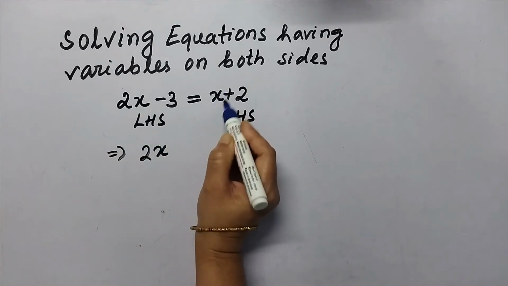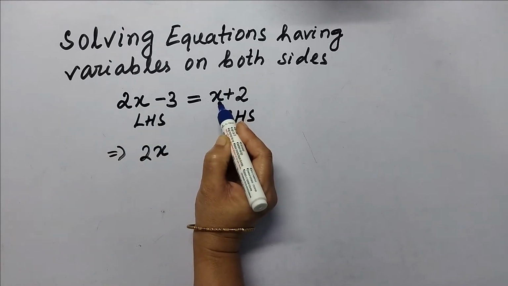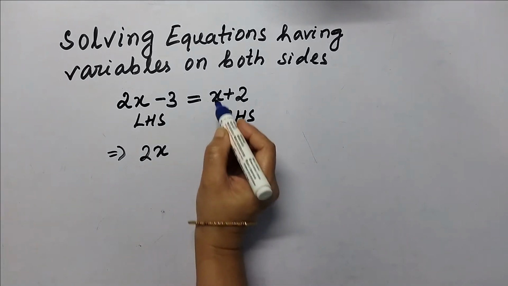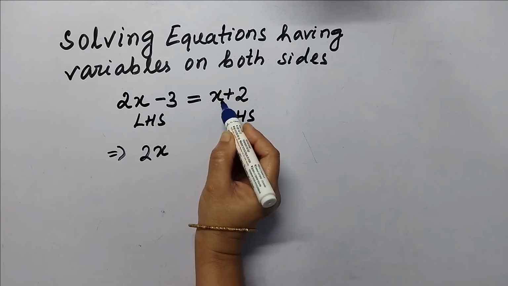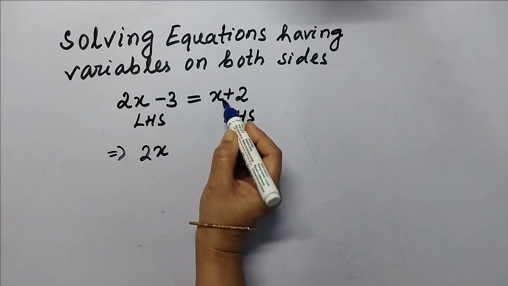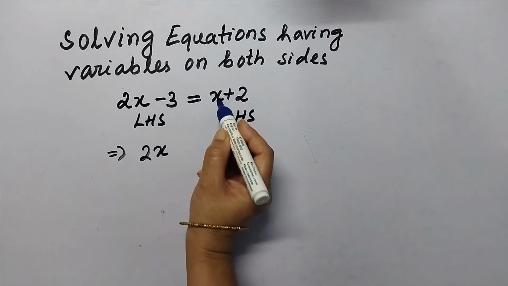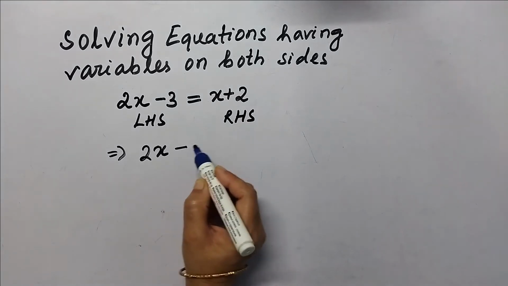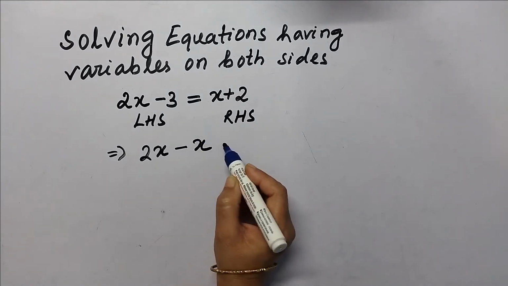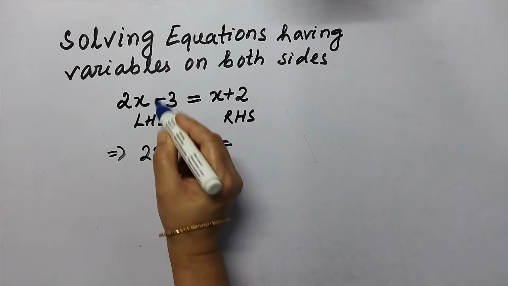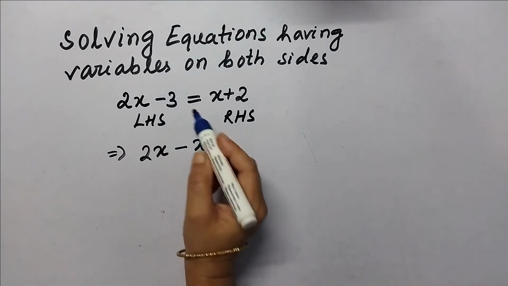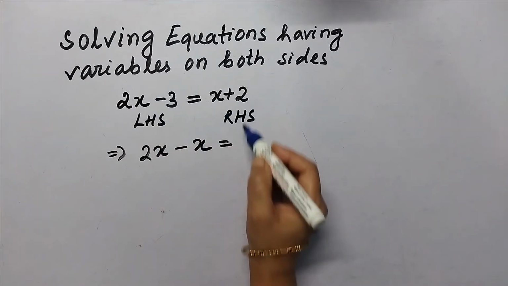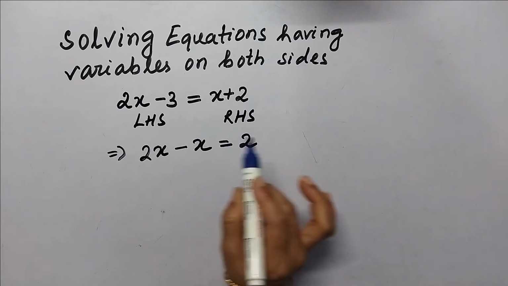And here the variable term is in the RHS, so you bring it to the LHS. This is a positive term, so when we bring it, it becomes negative x. The constant term 2 stays in its original place, no need to change.